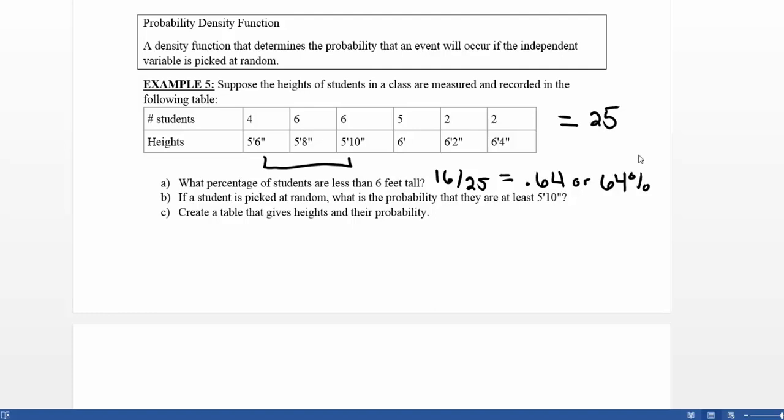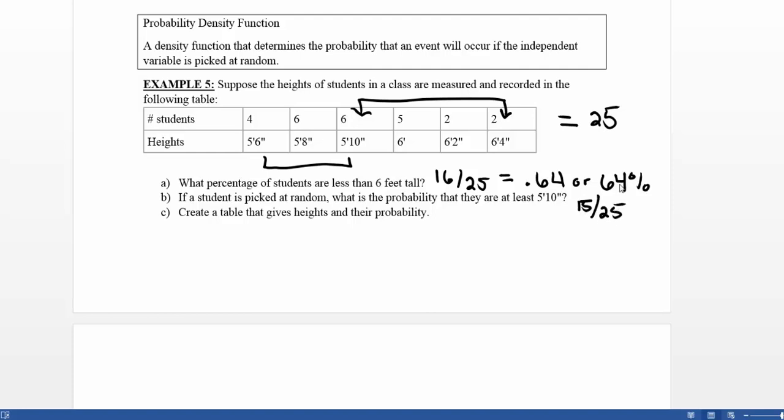And so the probability is going to be the fraction of the population that represent this characteristic. So at least 5 foot 10 means that we're going to be doing 5 foot 10 and above. So at least 5 foot 10, there is 6 plus 5 plus 2 plus 2 students. So that means 15 students are represented in this population.